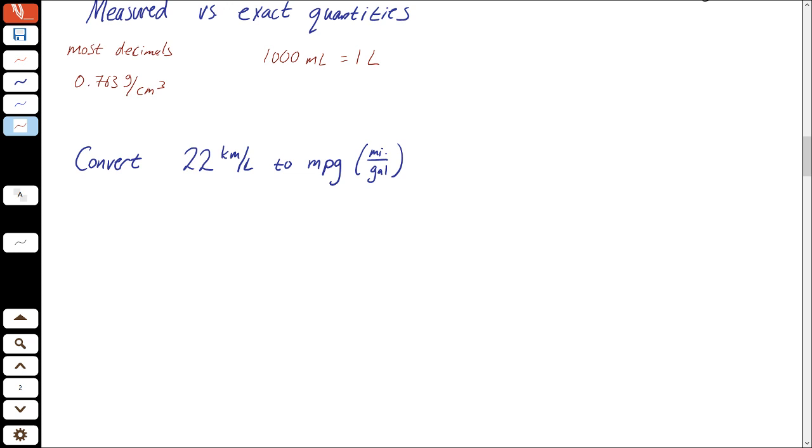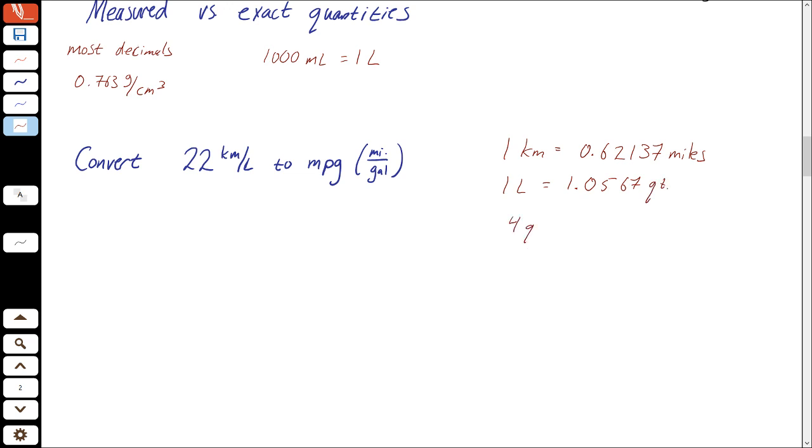1 kilometer is 0.62137 miles. All right. And one liter is 1.0567 quarts.